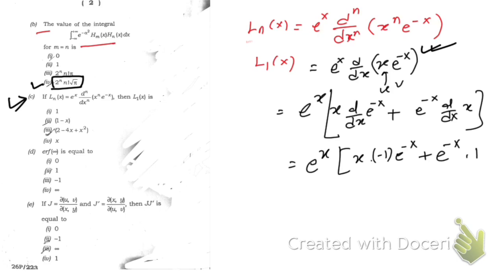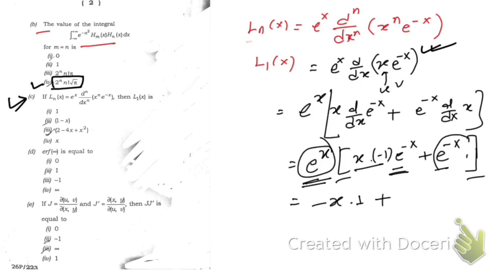Opening the bracket, x into minus 1 gives minus x, and e to the power x into e to the power minus x gives e to the power 0, which equals 1. Then again plus e to the power x into e to the power minus x, that is again 1. So we have minus x plus 1, that means 1 minus x. Option number 2, 1 minus x, is the correct option.